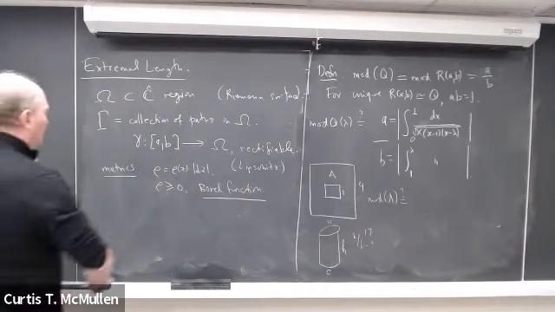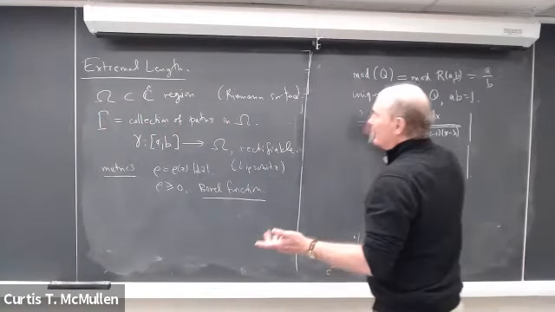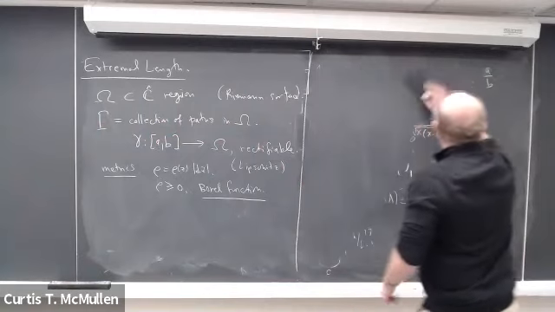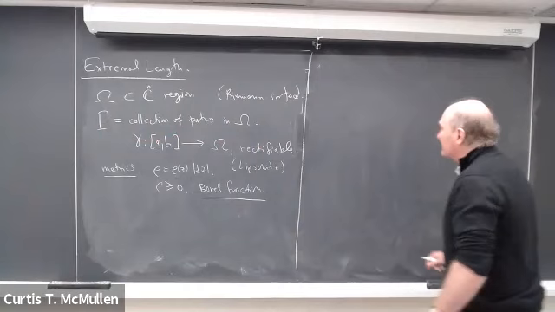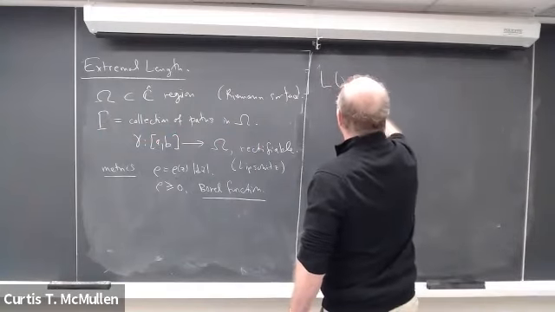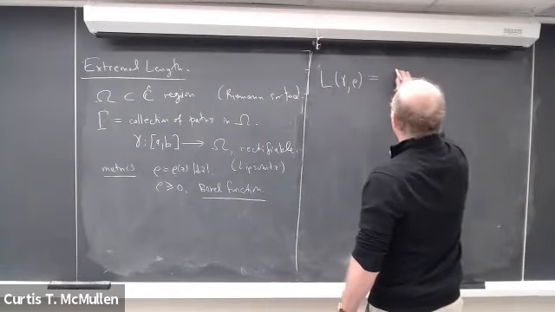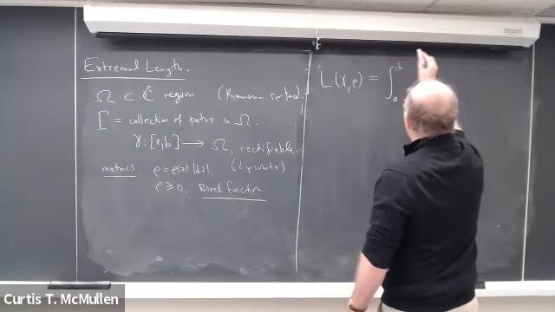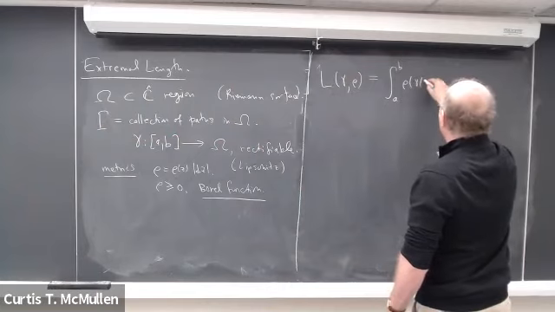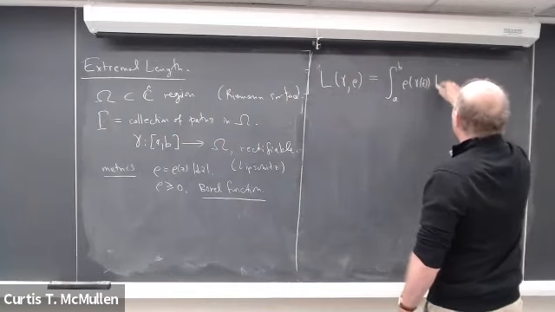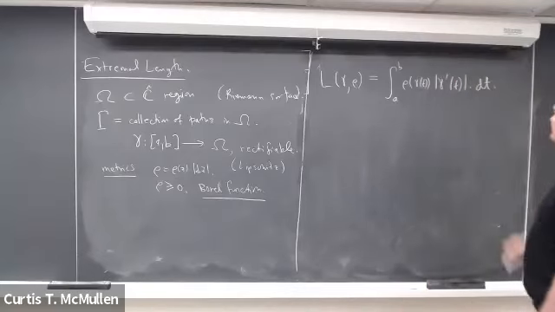Okay, and now we're going to define the length of this path family for a given metric rho. First, what's the length of one of these rectifiable curves with respect to rho? Well, you just take the integral from a to b of the value of rho at gamma of t times the absolute value of gamma prime of t, dt.